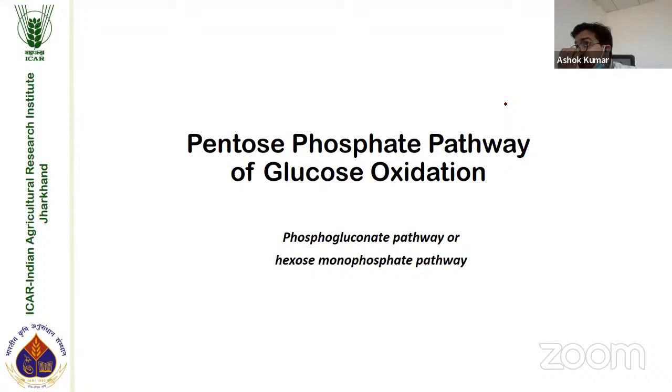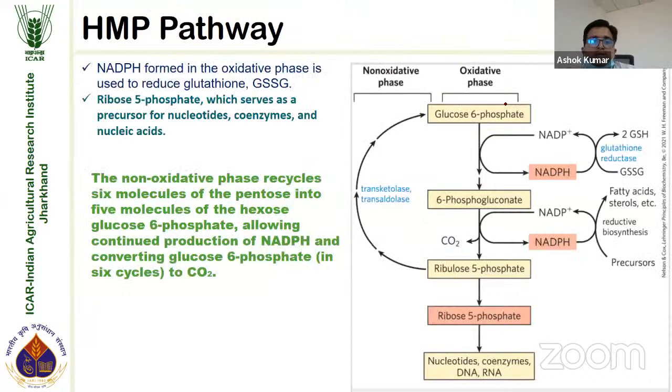The oxidation is not complete oxidation: in the pentose phosphate pathway, glucose will be oxidized, but complete oxidation will not be done. This is also called the hexose monophosphate pathway.